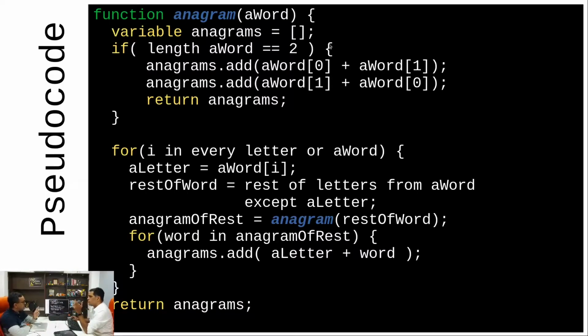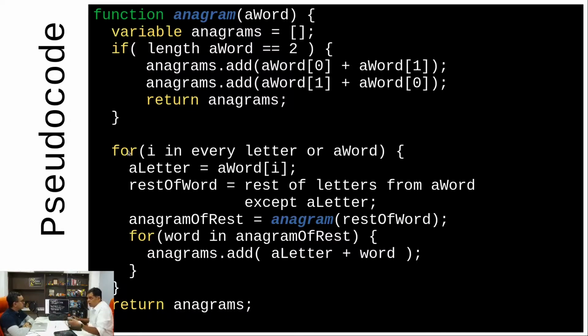It's a list because there are many, an ever-growing list. Now I have this stopping condition: if the length of the word is 2, then I just do a swap, add it to the anagrams list, and return the anagrams.